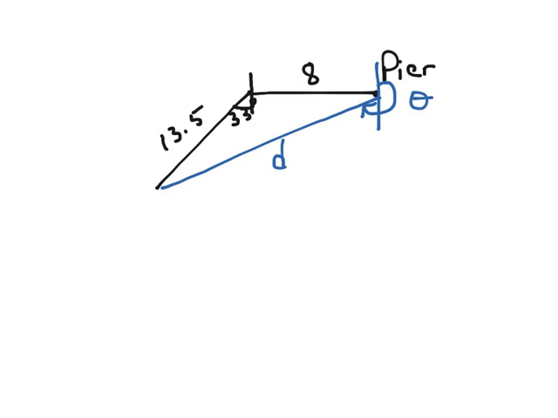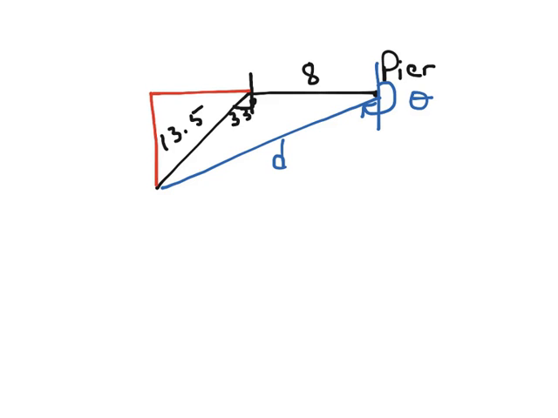So the problem is that the triangle that we've drawn is not a right triangle. And so we're going to have to divide this diagram up into right triangles in order to be able to solve our problem. So first of all, we could make a little right triangle right here.